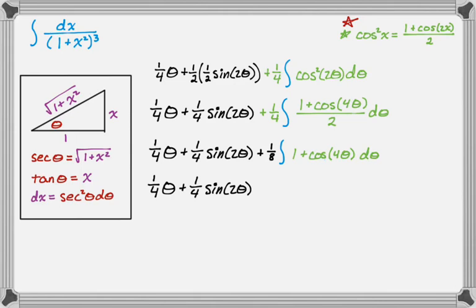So the integral of 1 is theta, so it's plus 1/8 theta. And then the integral of cosine of 4 theta is going to be 1/4 sine of 4 theta, but there's another 1/8, so it's going to be 1/32 sine of 4 theta. And then plus c, right? Because I'm getting there, right?